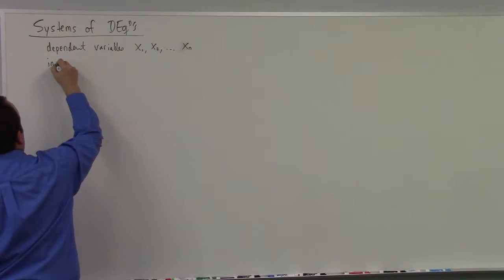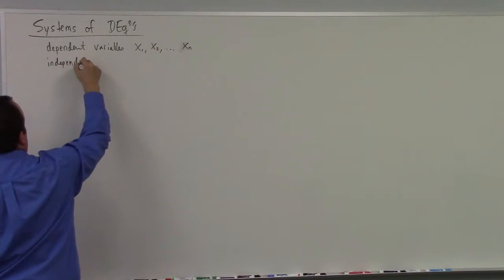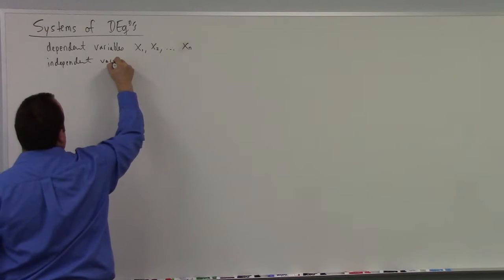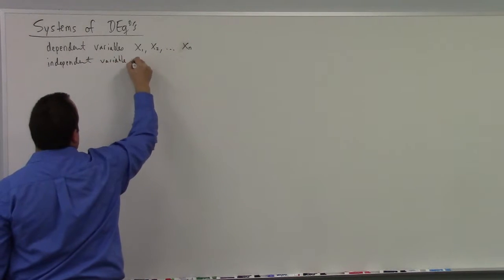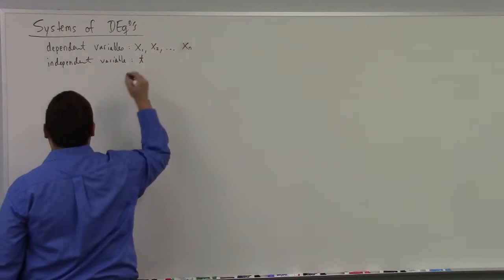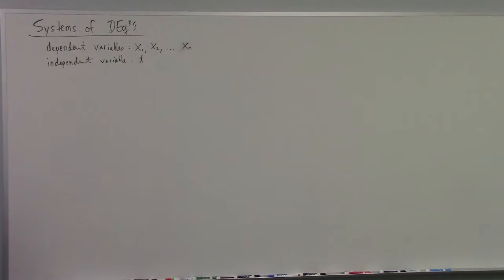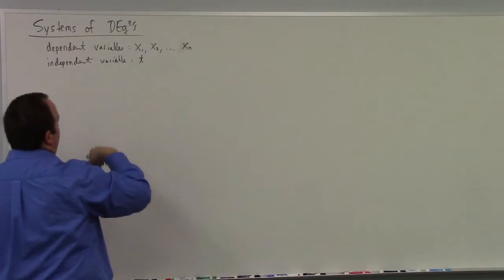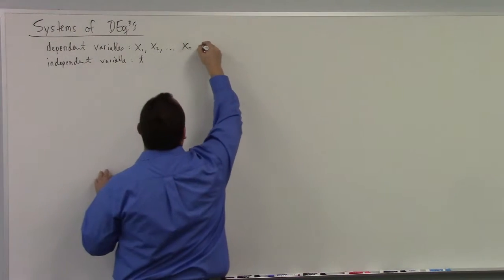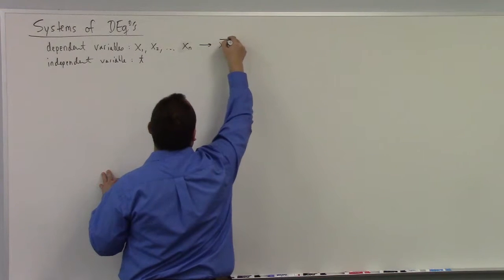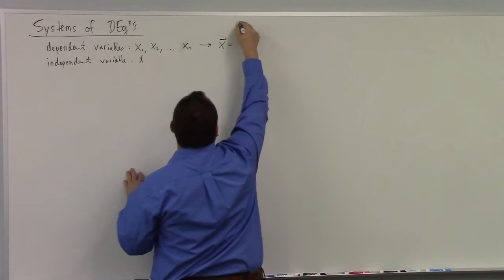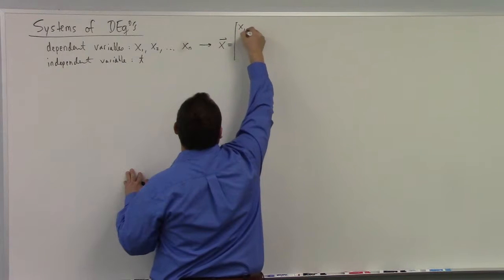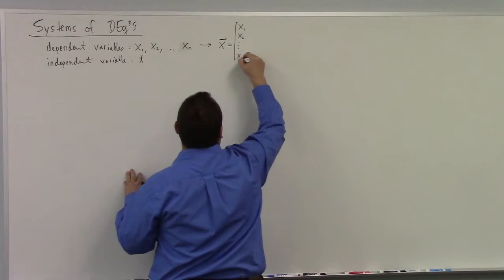Our independent variable is going to be, for the most part, t for time, although, of course, you could suppose it was something other than time. And what we do is we take these dependent variables and we put them all together into a vector like this. So x1, x2, xn, all right?